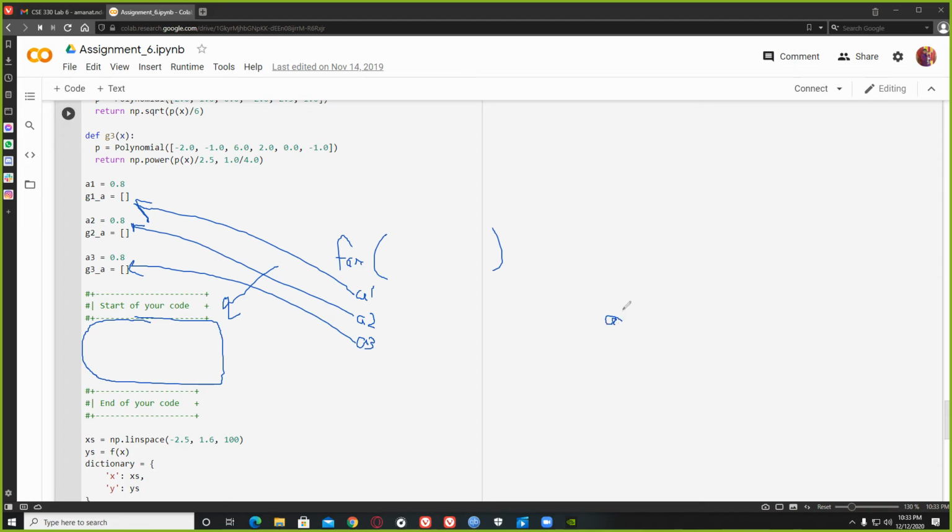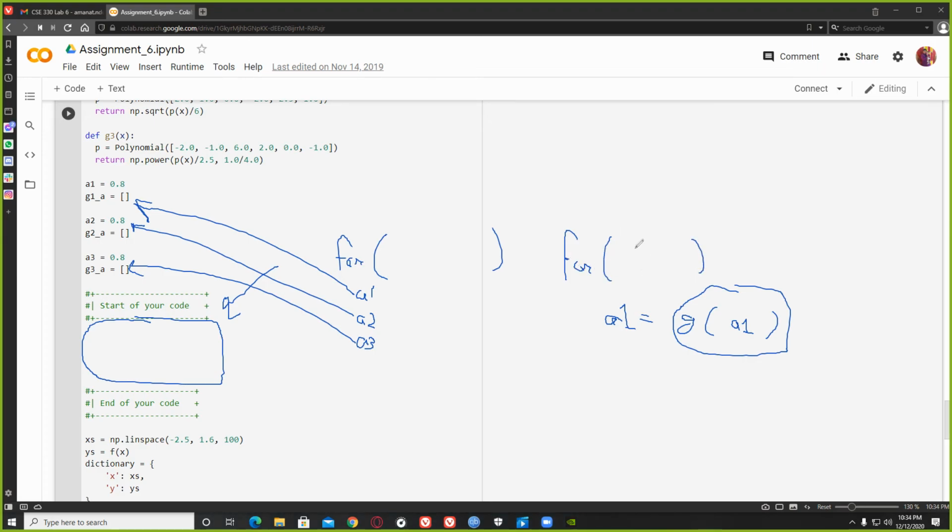Now how will you get the new a1? So the new a1 will be g of the value of a1. So this is the fixed point iteration. You run this loop.